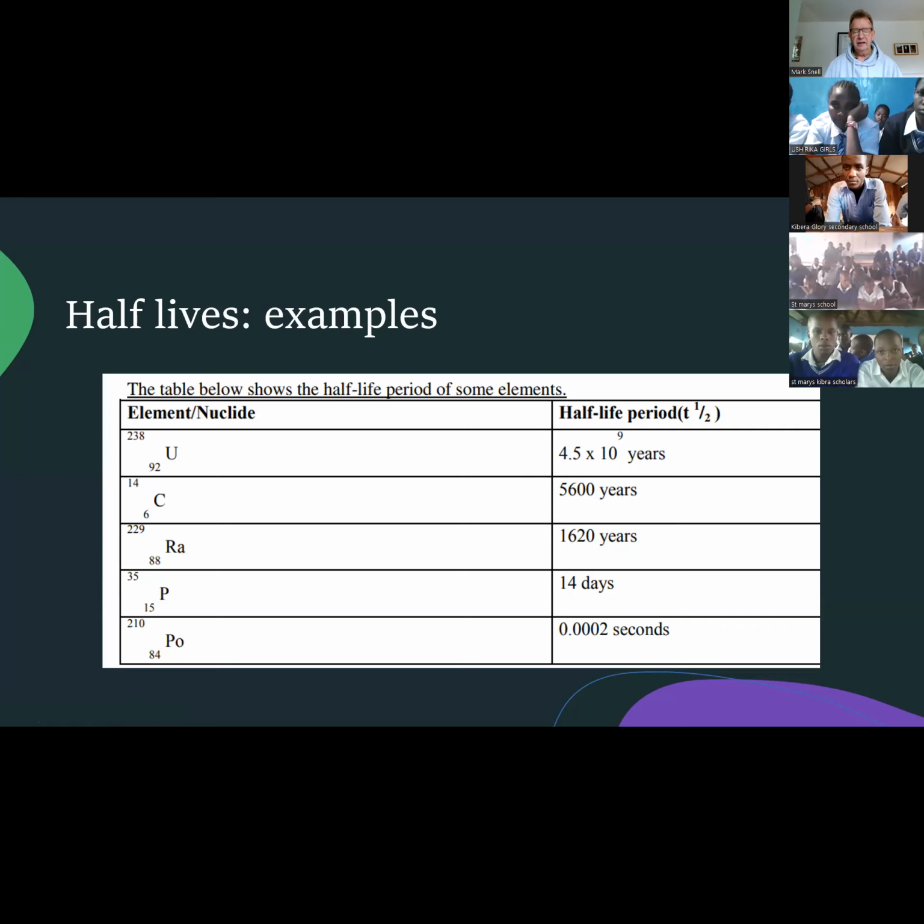So if you have some uranium, you have a problem, because although the uranium-238 is not actually very dangerous, it is going to be around for a very, very long time. Whereas polonium-210, down at the bottom, has a half-life of 2 times 10 to the minus 4 seconds, 2 10,000ths of a second. Gone.